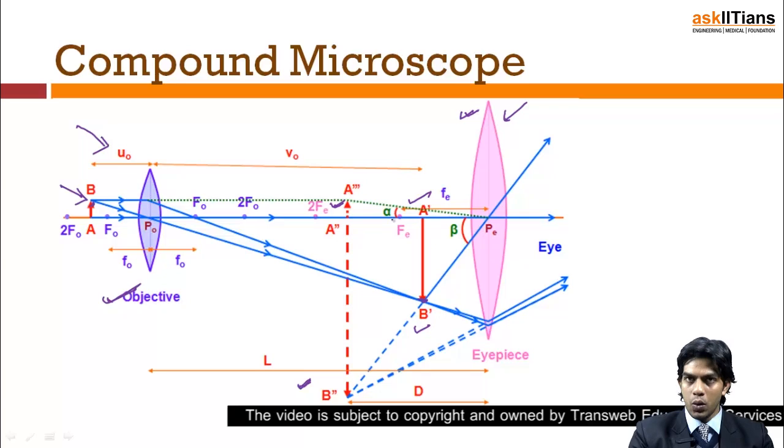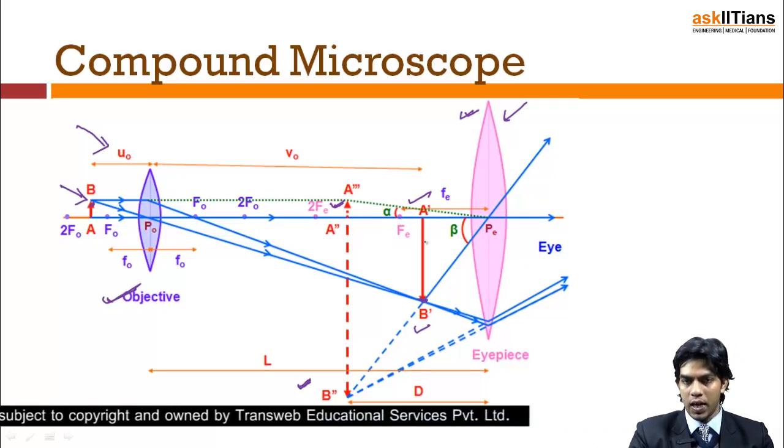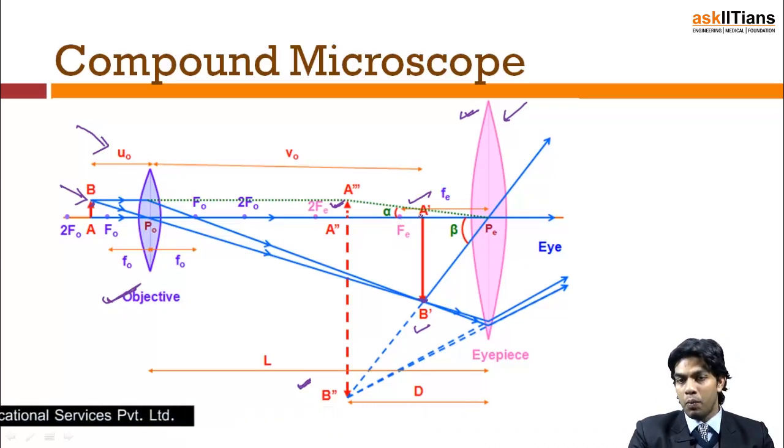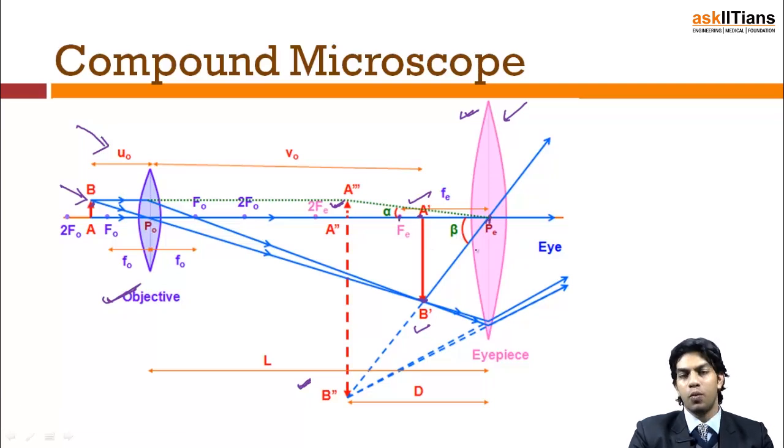The distance between these two lenses is adjusted such that the image falls between the focus and the pole of the eyepiece. So I end up getting a virtual image, and that too a very enlarged version of it. This is the final thing which I will be witnessing, and it is very large compared to what I already have.